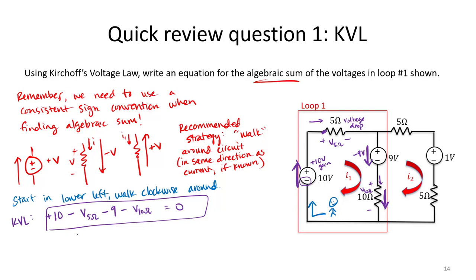Again, the units here are volts. And you see that the sum of the voltage rises and drops must equal 0. If I were to ask you to write an equation like this on an exam, this is what I would be looking for. And notice, at this point, it's not necessary yet to simplify that equation.